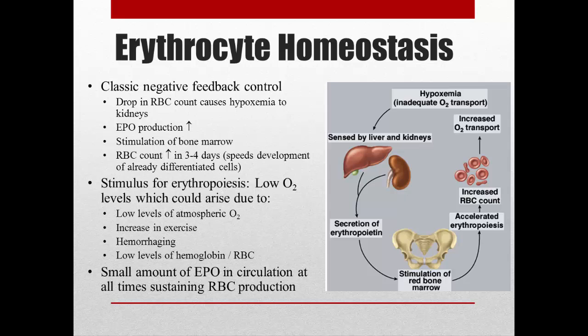Hemorrhaging obviously isn't the good side of this. You bleed out, you lose a large volume of blood, so you don't have as much blood to transport oxygen, and you're going to trigger more erythropoiesis with that. And then there could be low levels of hemoglobin in the red blood cell, maybe an iron deficiency or lack of intrinsic factor to get B12, or all kinds of other possibilities that are tied in with what we need to make hemoglobin.